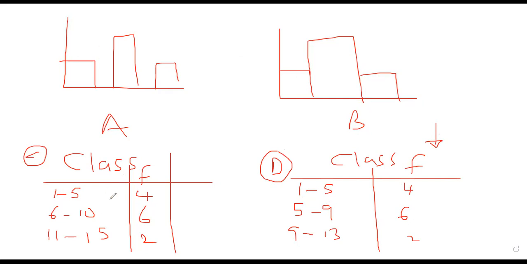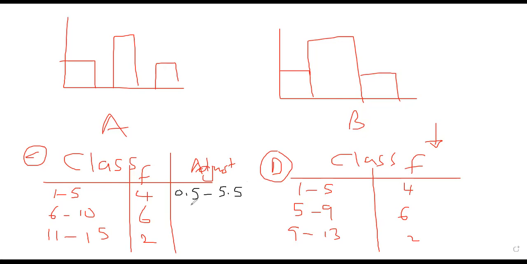But when you're given this format, it's not easy. You need to adjust it. And the principle for adjusting this is by simply subtracting 0.5 and adding 0.5. 0.5 is a standard figure. So in this case, instead of having 1, we subtract 0.5, it will be 0.5. The upper bound, we add 0.5, so this will be 5.5.